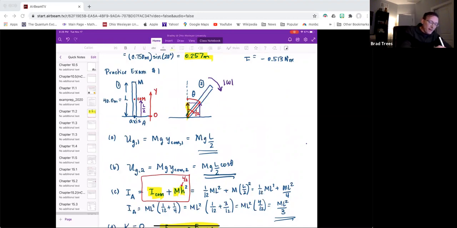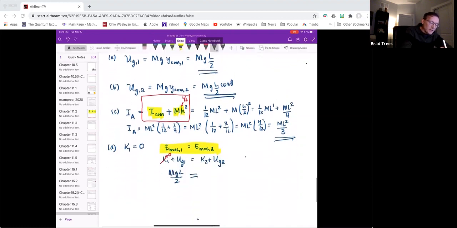If it's rotating about an axis A, then the formula for the rotational kinetic energy is 1/2 times the rotational inertia for the axis A times omega squared. You don't need the absolute value really because it's squared, but I'll write it. Plus U grav 2. We did that in part B: mg L over 2 cosine theta.